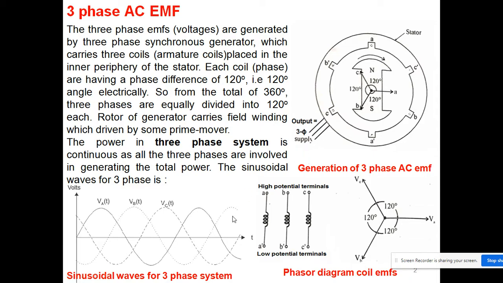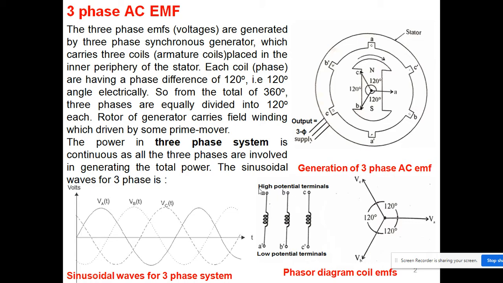The output looks like this. My first coil is given this way, then my second coil is behind by 120 degrees, and the third one, if you compare, is 240 degrees behind. So I represented my three coils here as coil A and A bar, B and B bar, C and C bar.